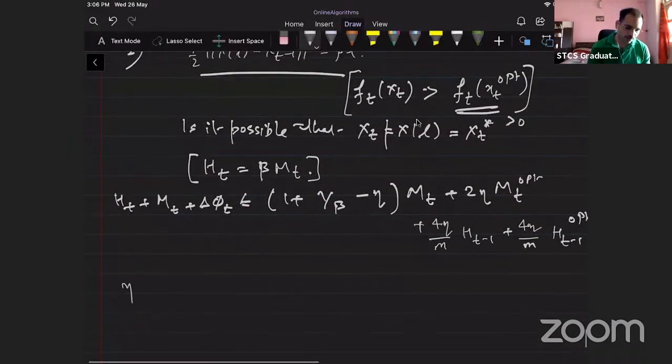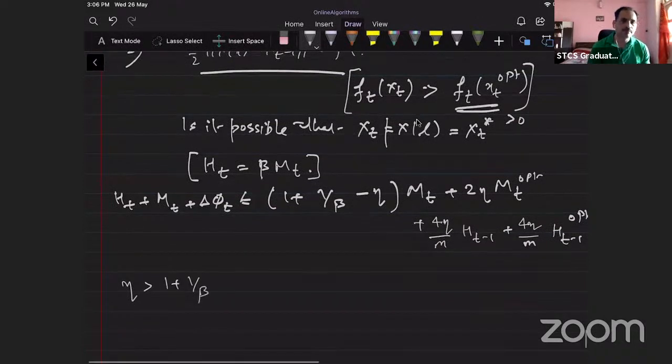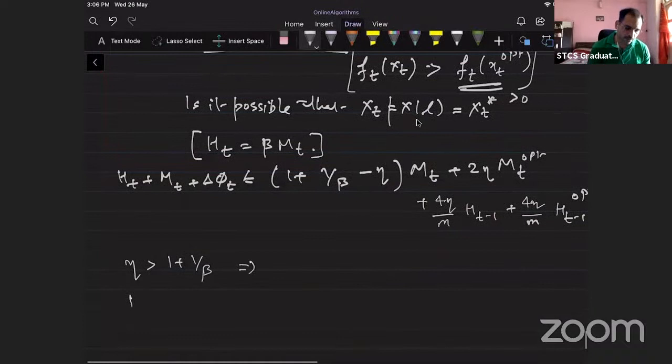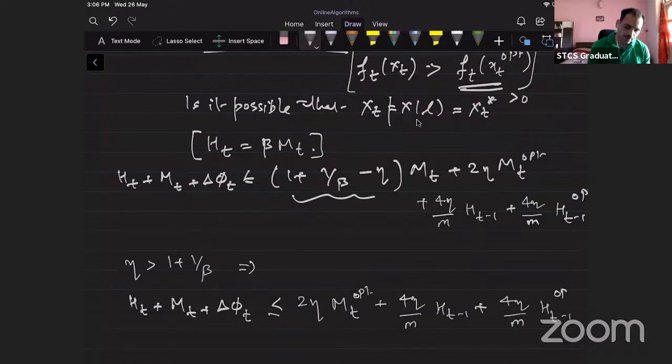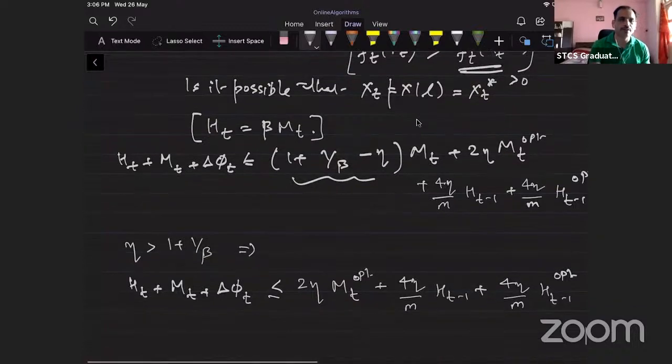Okay, so now we're going to choose finally the value of eta to be 1 plus 1 by beta, which will give us that h t plus m t plus del phi t is at most, essentially just to cancel this term off, 2 eta m t opt plus 4 eta by m h t minus 1 plus 4 eta by m h t minus 1 opt. Okay, so now can somebody complete the proof? How do I combine this now?